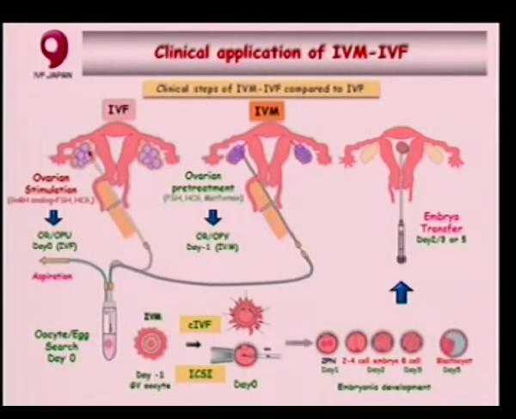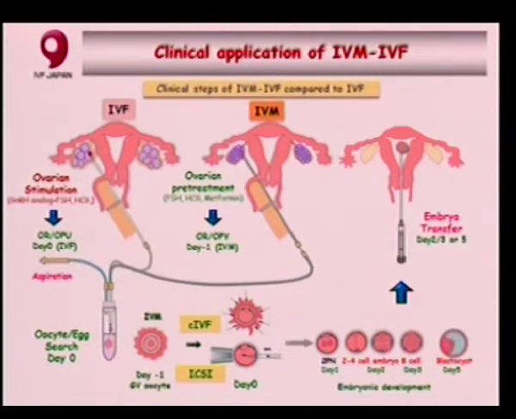IVM is a little bit different from conventional IVF ovarian stimulation. For IVM, I call it ovarian pre-treatment. We treat with sometimes FSH and sometimes metformin, and then get immature oocytes, mature them in vitro, and usually we use ICSI, but some people use even conventional IVF.